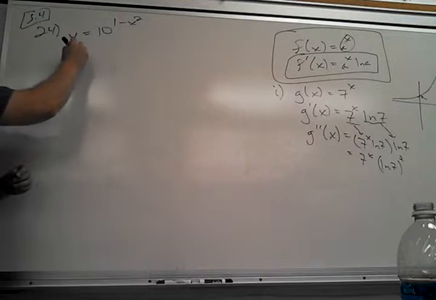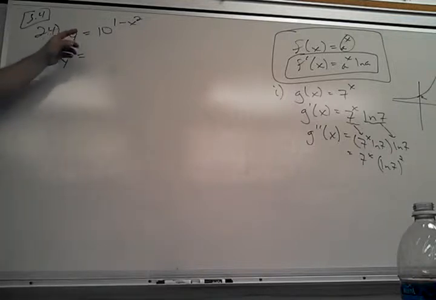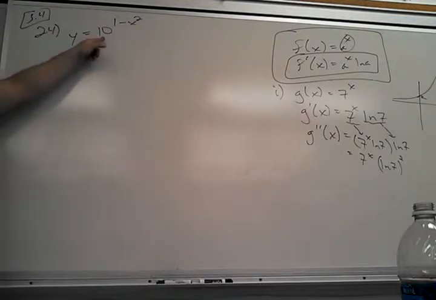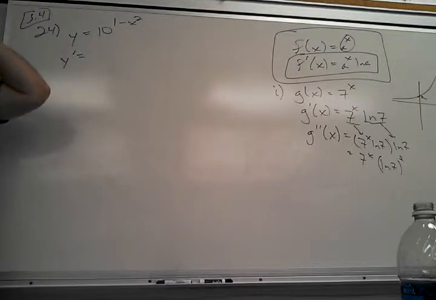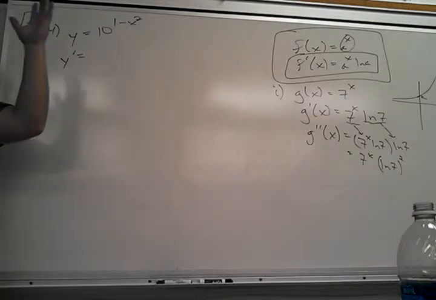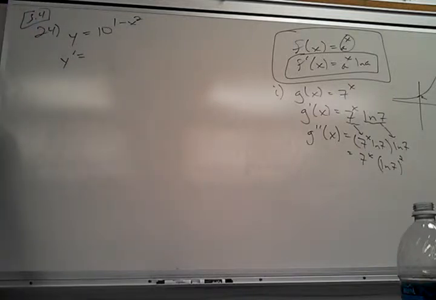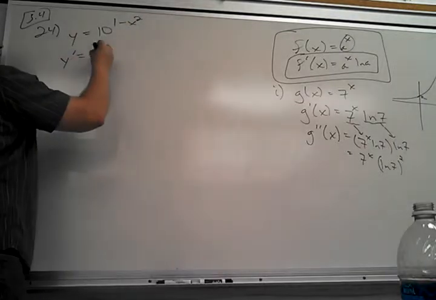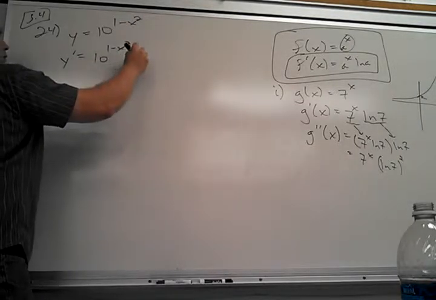So I really want you guys to start looking at a problem like this. I know what the derivative of 10 to the something is. What's the derivative of 10 to the something? 10 to the something, times ln 10. I like it. So the derivative of 10 to something is 10 to the something, ln 10.